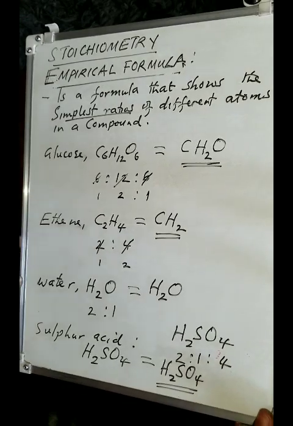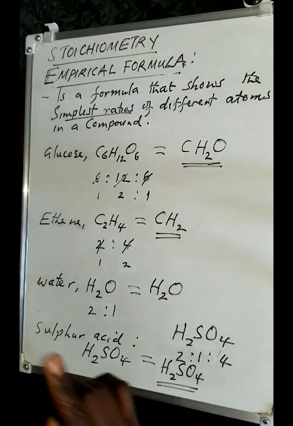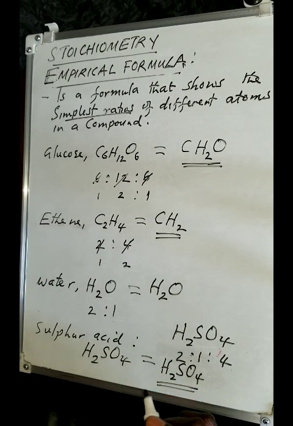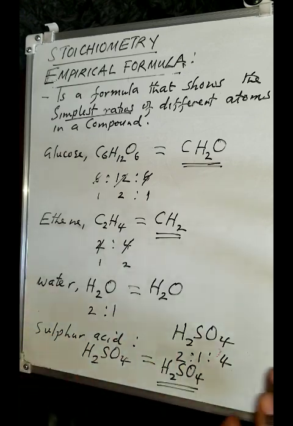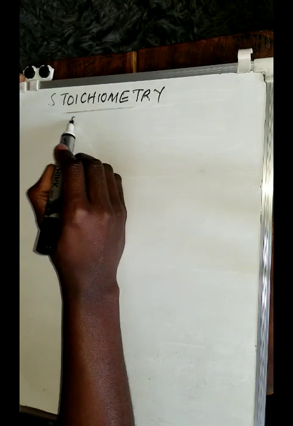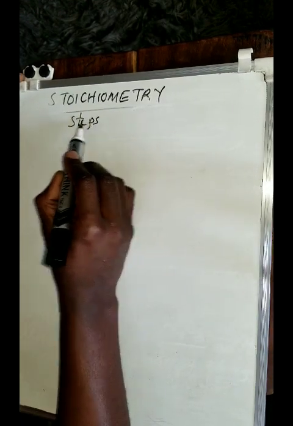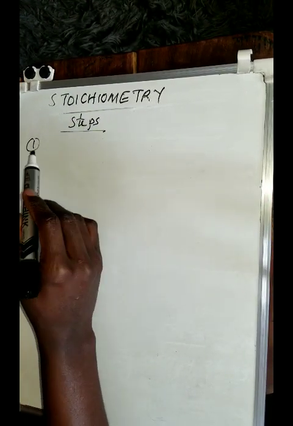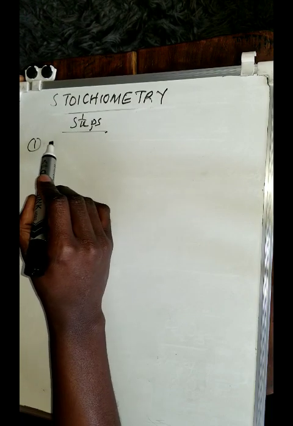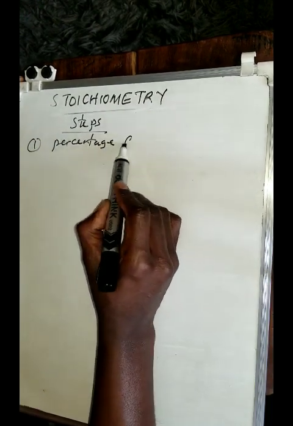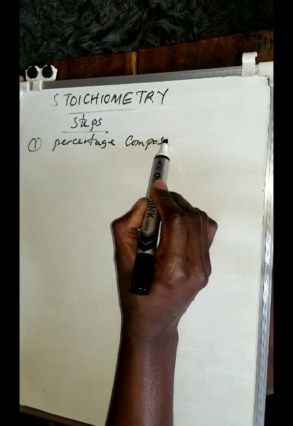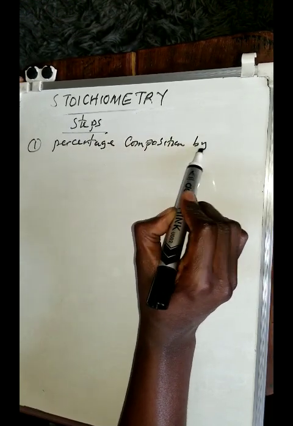Now it is possible, when you have been given the percentage composition of all the elements by mass, to get the empirical formula. So let me guide you with the steps that you can do to find the empirical formula. Remember, they are going to give you the percentage composition by mass.